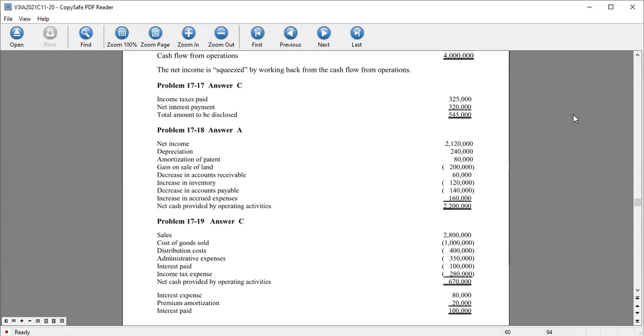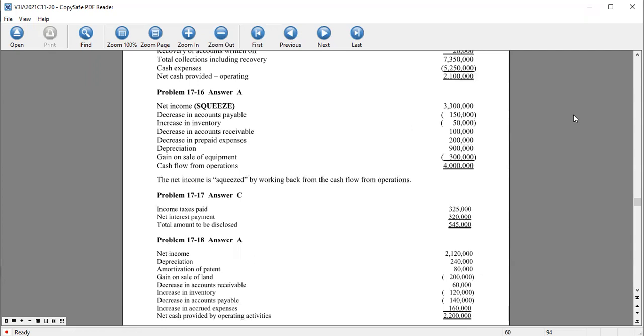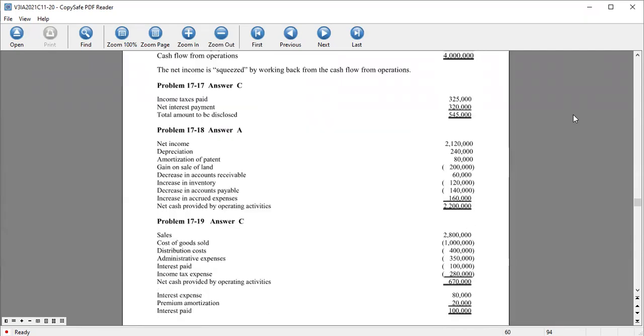The amount of net income as computed is 3.3 million. That's letter A. Then number 17, what total amount should be reported as supplemental disclosures in the statement of cash flows prepared using the indirect method?